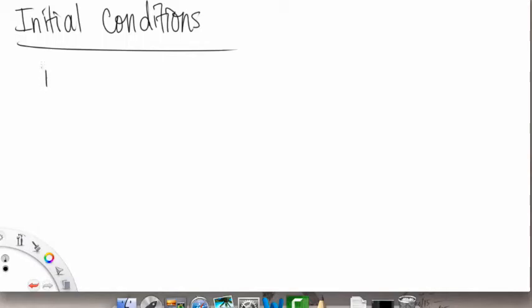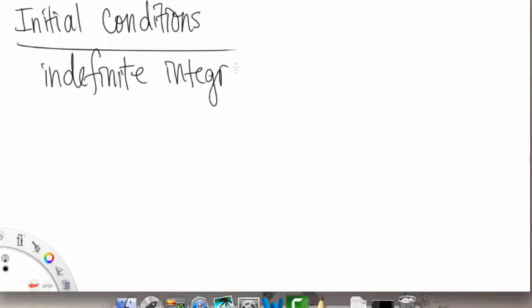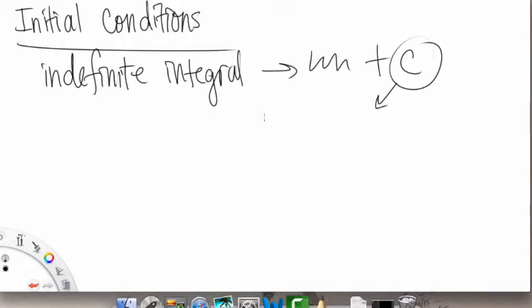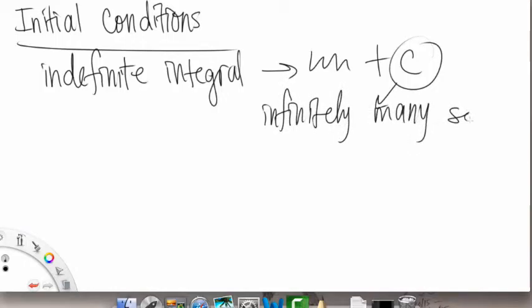So, when we have an indefinite integral, because of that plus c at the end, we get something, something, something plus c, and because of this plus c, that means we have infinitely many solutions, basically.